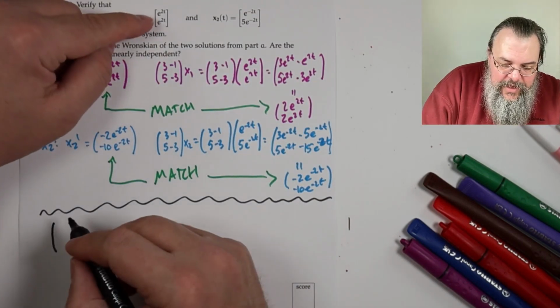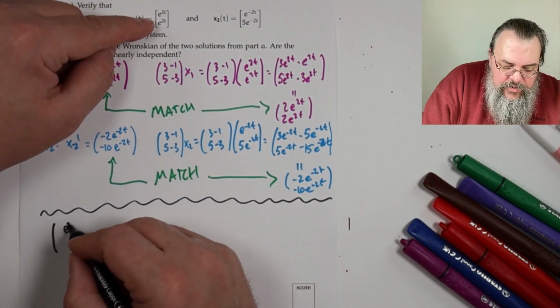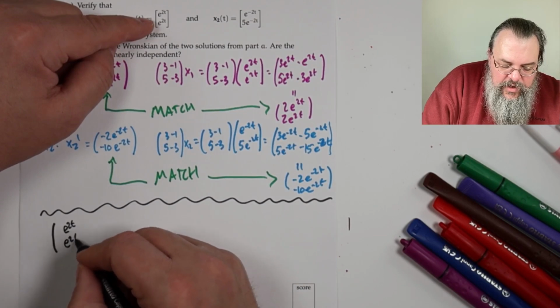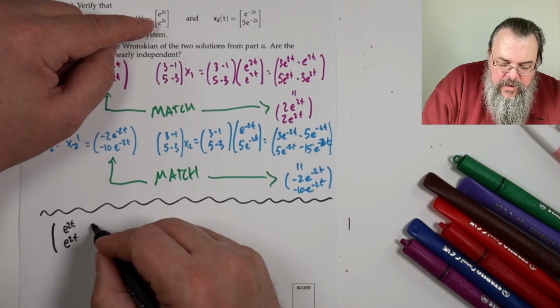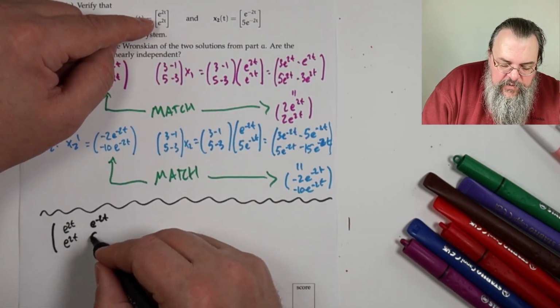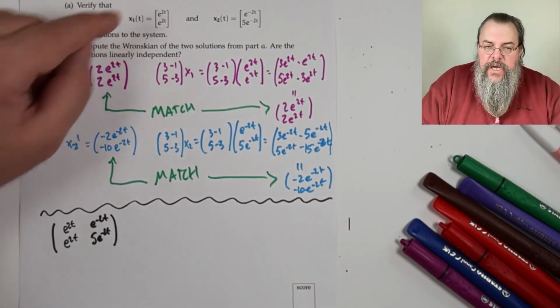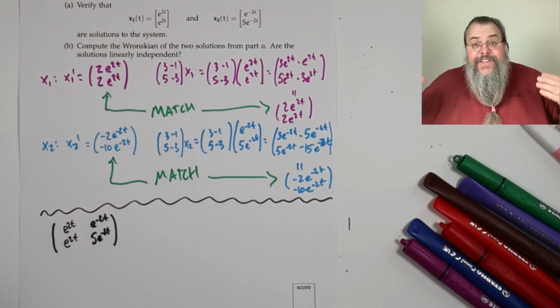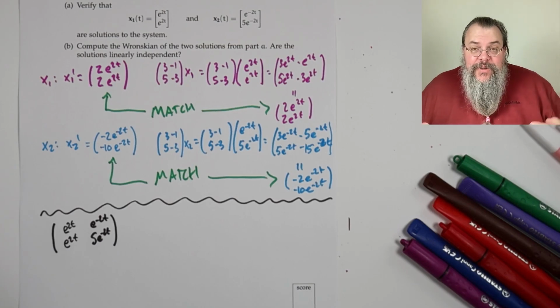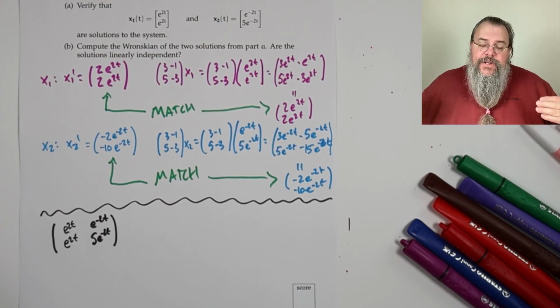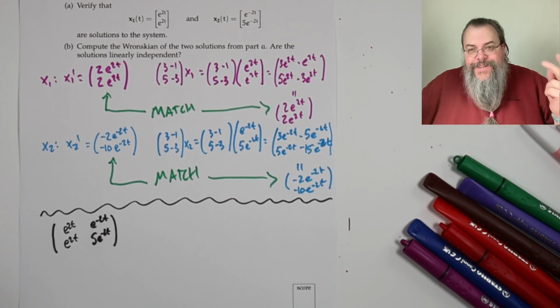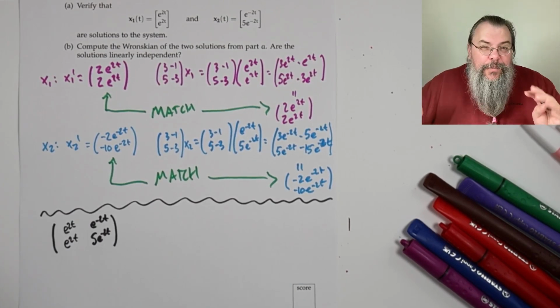So we have [e to the 2t, e to the 2t] and [e to the minus 2t, 5 e to the minus 2t]. Now, this is a fundamental matrix. Technically it's not a fundamental matrix yet, but it will be. Spoiler alert.